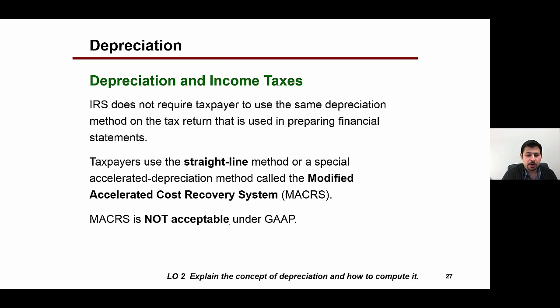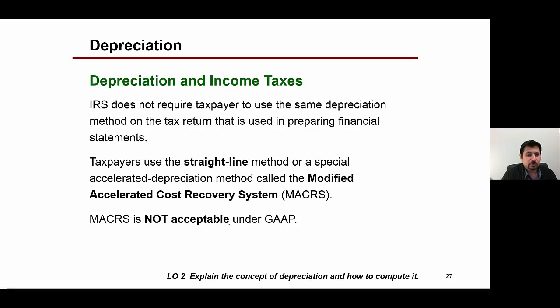The IRS does not require taxpayers to use the same method both for financial reporting as well as for income tax, basically for the depreciation that they use for their tax filings. And taxpayers usually use the straight line method or a special method called modified accelerated cost recovery system, which is not acceptable under GAAP.